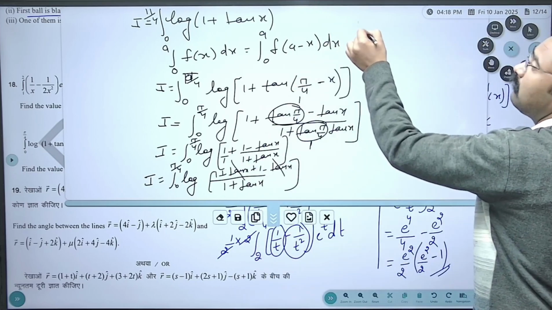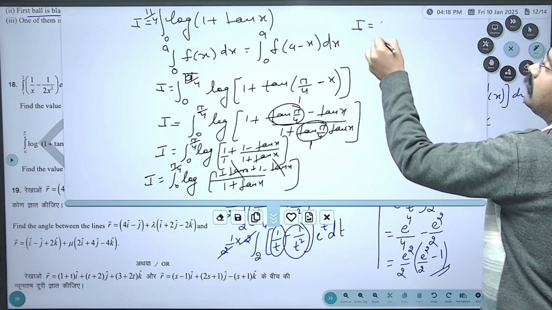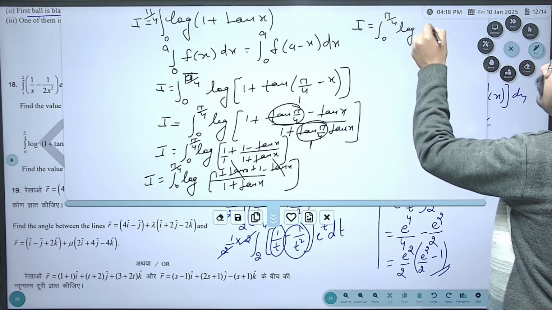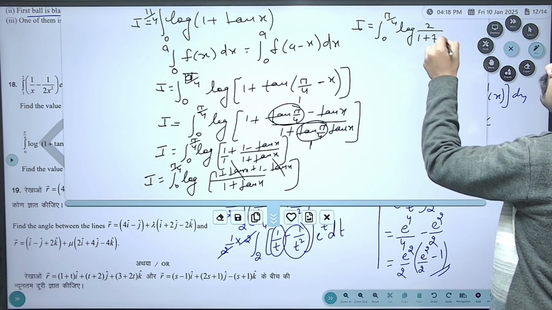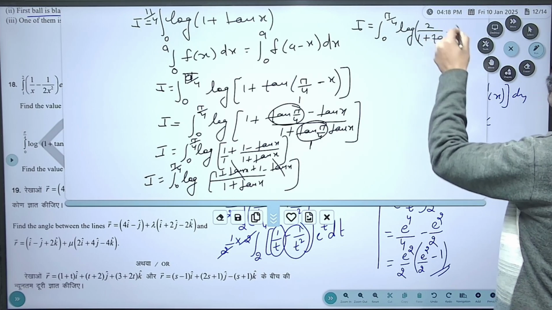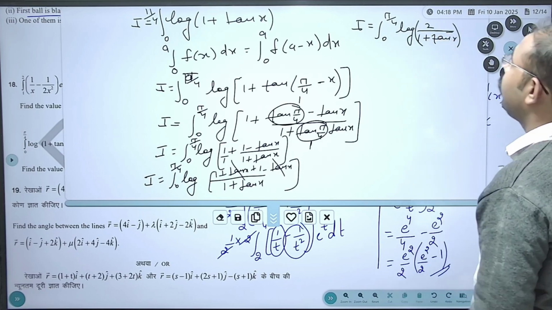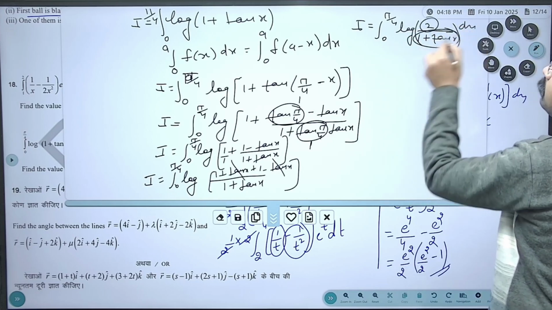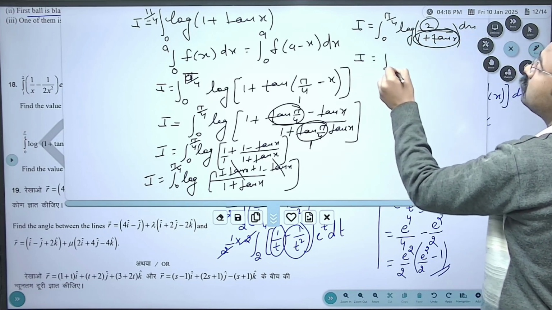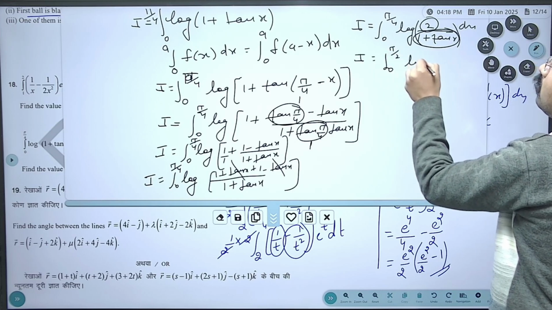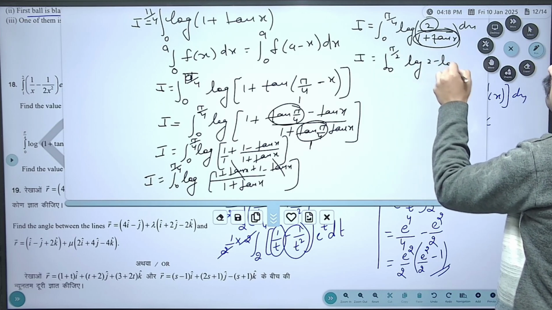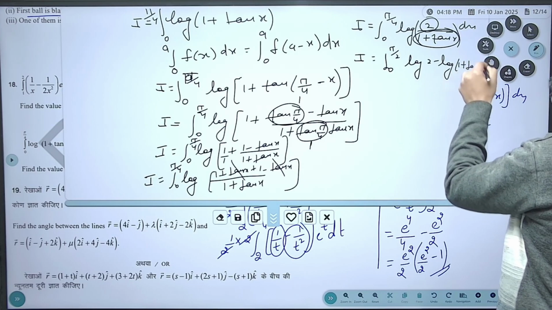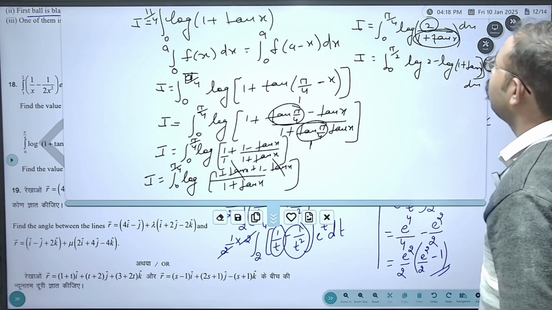So what we have now, integration 0 to pi by 4 log, upside 2 and downside 1 plus tan x. Here by applying the log a upon b formula, I is equal to integral 0 to pi by 4 of log 2 minus log 1 plus tan x, dx.